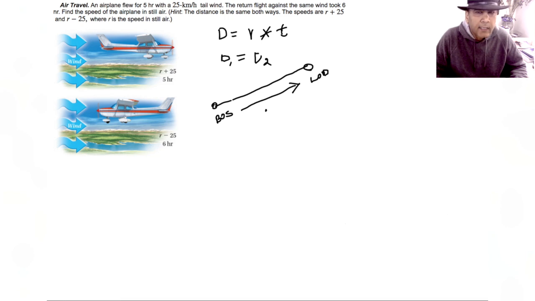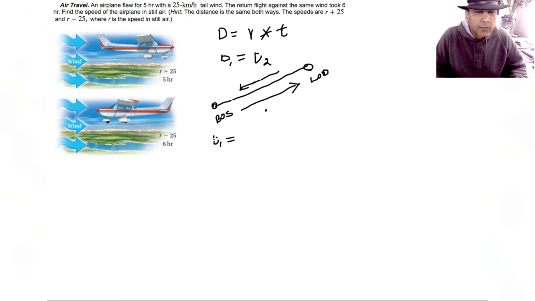In that case, we're gonna get help from the wind. And then we are coming back, we're gonna come back against the wind. Okay, so we set up the problem. So from Boston to London we are going with the wind, so we're gonna call it D1.